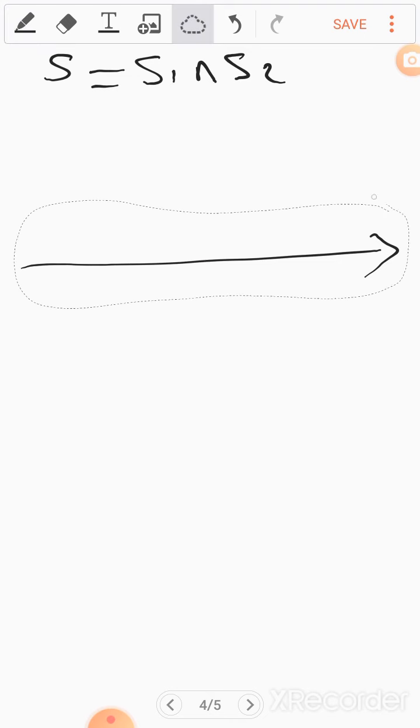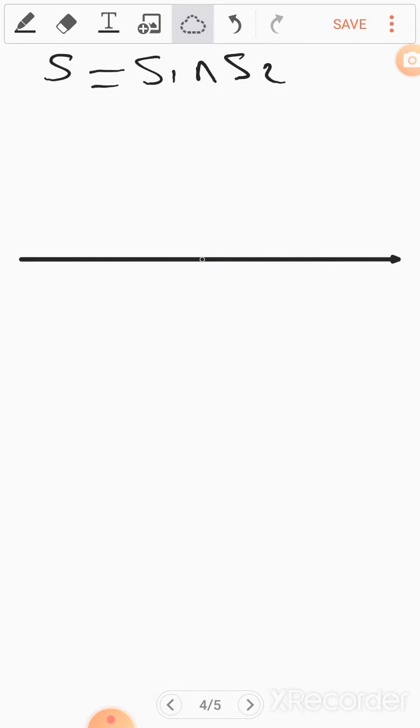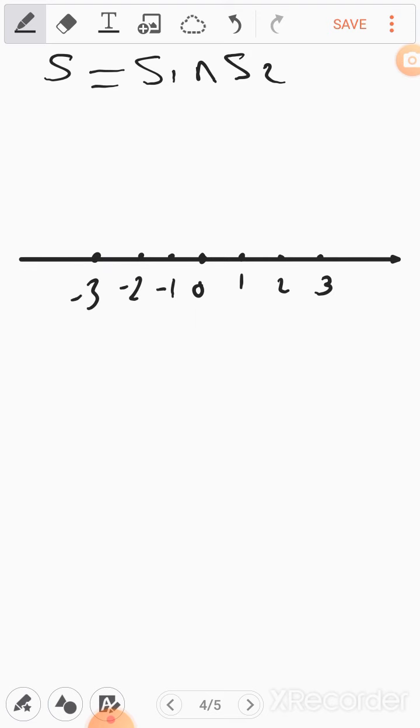divide this number line into its units. Here, this is the origin O, 0, 1, 2, we need 3 also, minus 1, minus 2, here minus 3.